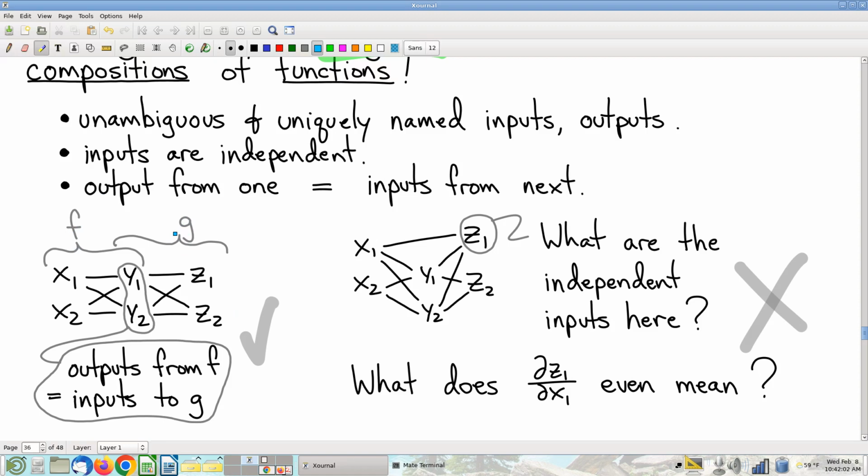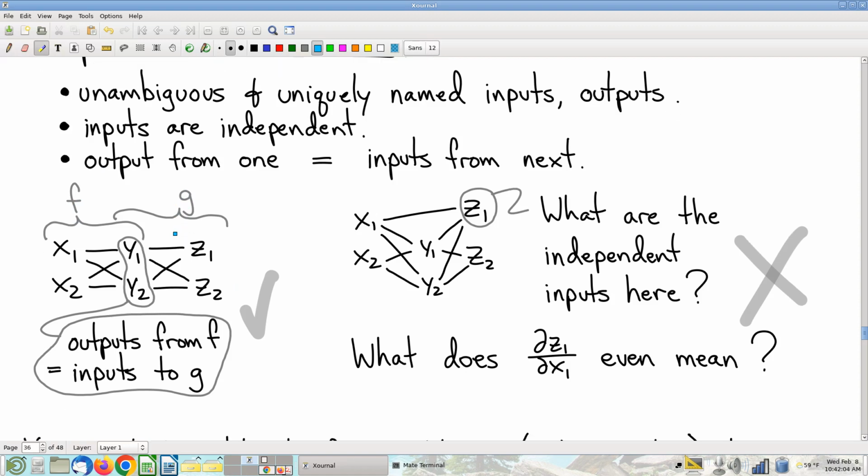Please don't make the mistake of losing track of that and just feeling like you can draw any sort of diagram that you want that connects variables, like any sort of a tree structure, and that's a valid diagram to which you can apply this intermediate variables business. It's not. So you've got to be really careful about that.